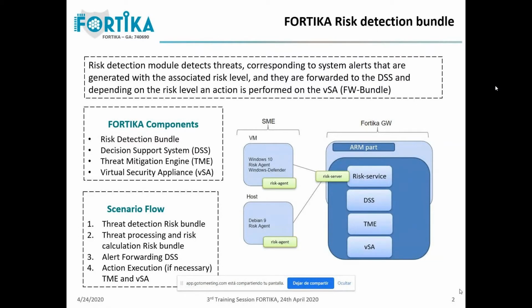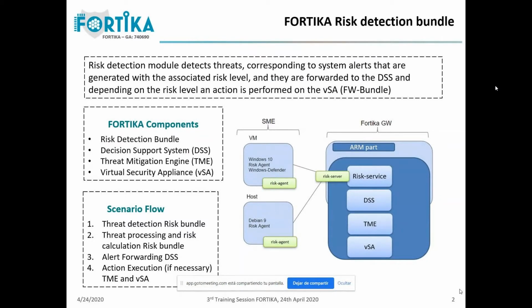The first one is the risk detection bundle, and mainly the risk detection module will detect threats. In this case, these threats will correspond to system alerts in the endpoint that I mentioned, which will generate an associated risk level. Later on, this risk level could be further processed with other bundles, other modules that can work together.